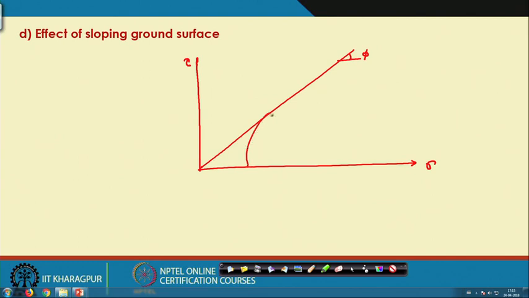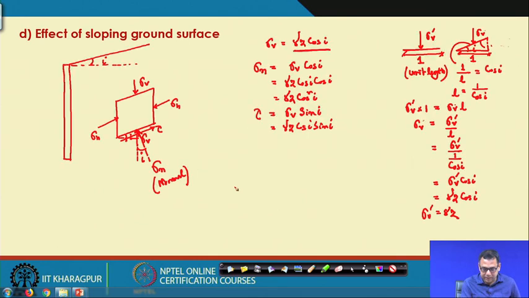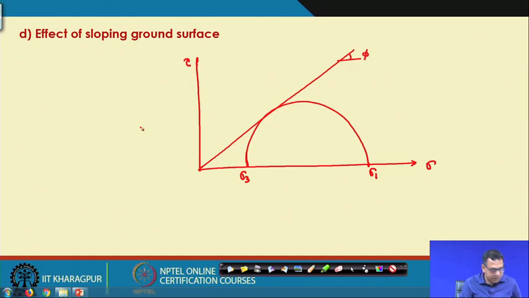And if this is the Mohr circle, this is sigma 1 and this is sigma 3, for the active case. But these stresses are not the stresses on this plane, because this is not the principal plane; these are the principal stresses that we are talking about.